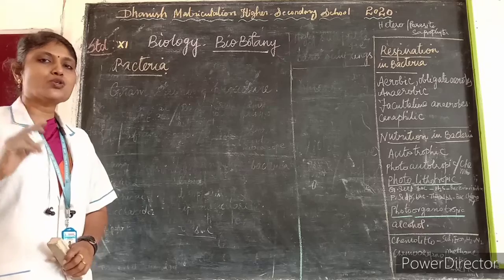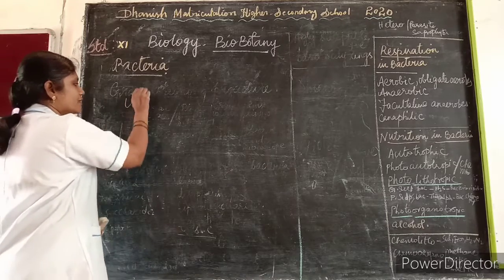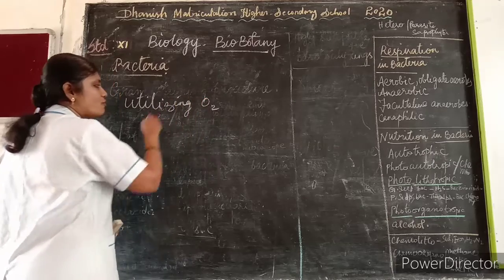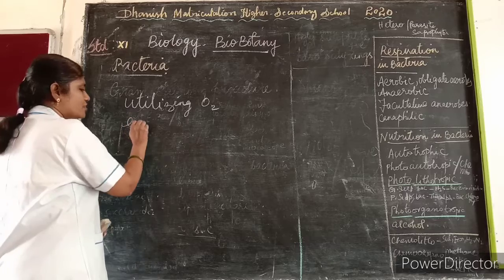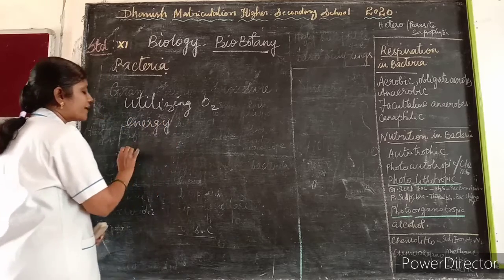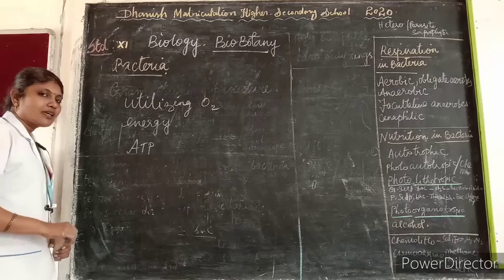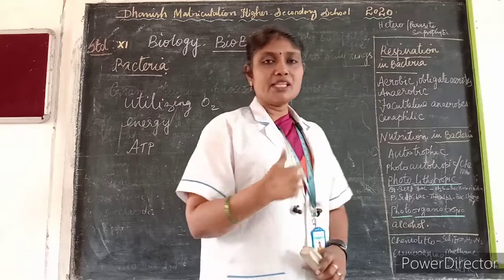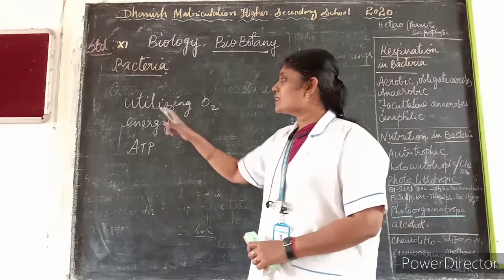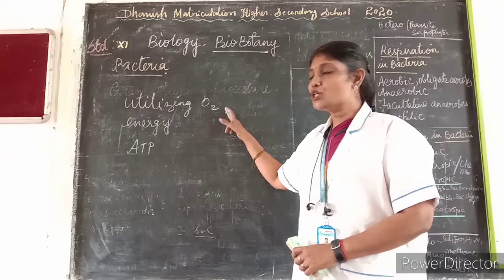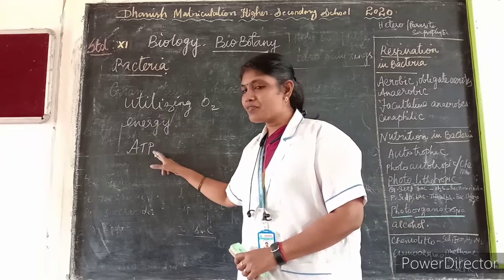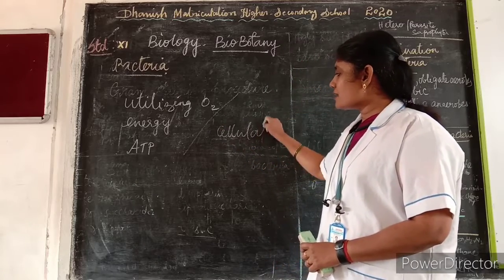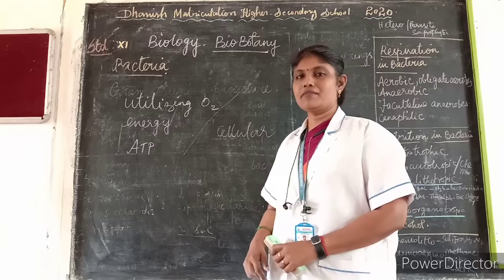Respiration involves the actual process of utilizing oxygen for the release of energy in the form of ATP molecules. So you should know respiration does not only deal with the breathing process, it deals with utilizing oxygen to produce energy in the form of ATP, and it occurs at the cellular level.